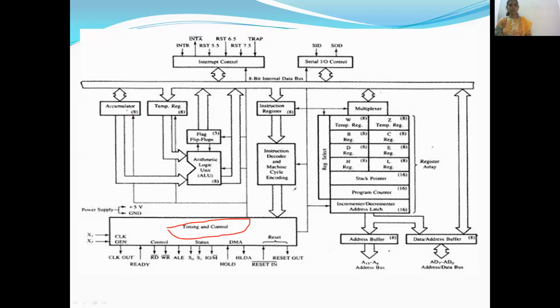You already saw accumulator, temporary register, flag, ALU, instruction register, instruction decoder, general purpose registers BC, DE, HL, stack pointer pointing to the top of the stack memory, program counter, which stores the address of the next executable instruction, incrementer and decrementer. After that we see the timing and control unit.